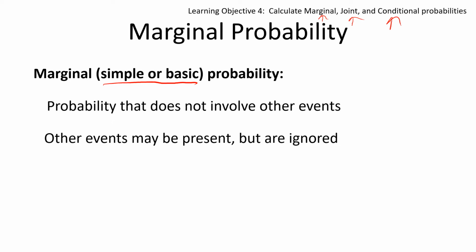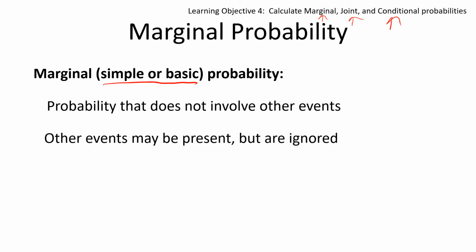So in the previous slide, you'll recall we had high and low self-esteem, high and low depression, as our two variables that we're interested in. A marginal probability only concerns itself with one of the variables. It ignores the other variable. You recall I was talking about how 600 had low depression, 200 had high depression, ignoring self-esteem.